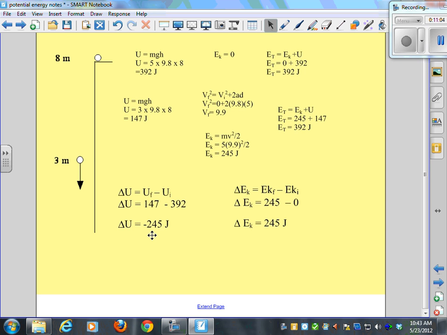Not oddly enough, it's not odd at all. In fact, it's exactly what you would expect. I lost 245 joules of potential energy. I gained 245 joules of kinetic. No big surprise. So if it's a question, always use conservation of energy. They should always be equal.